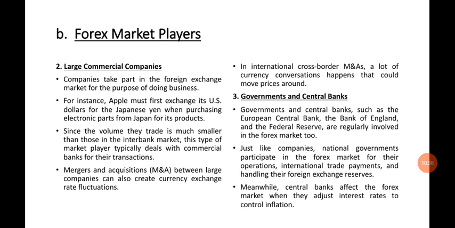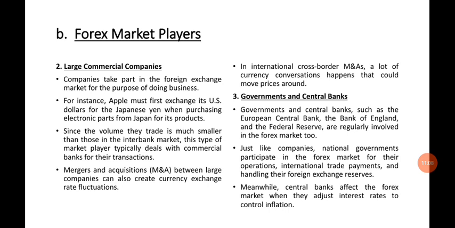Since the volume they trade is much smaller than those in the interbank market, this type of market player typically deals with commercial banks for their transactions. Mergers and acquisitions, or M&A, between large companies can also create currency exchange rate fluctuations. In cross-border M&As, a lot of currency conversion happens that could move prices around.